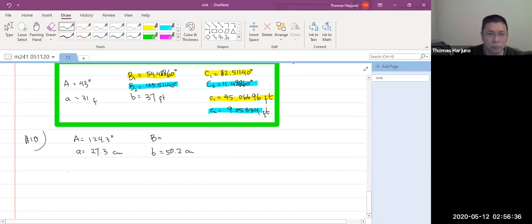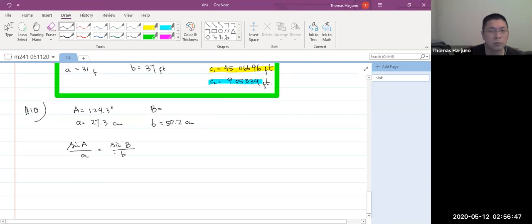Okay, so sine A over side A equals sine B over side B. Then sine 124.3 degrees over 27.3 is equal to sine B over 50.2.